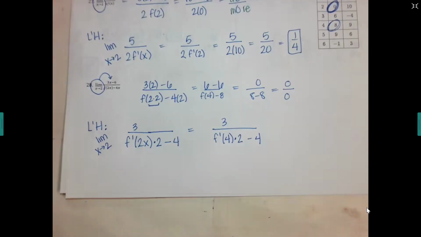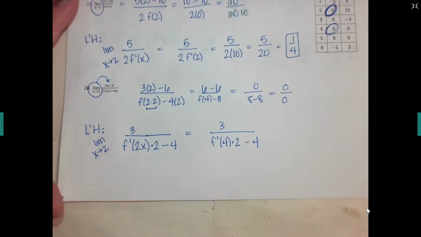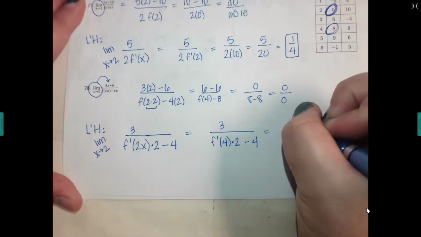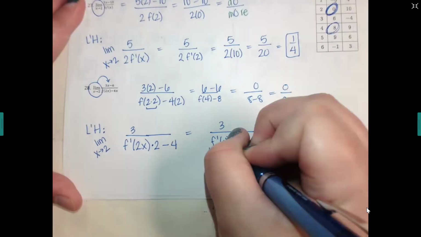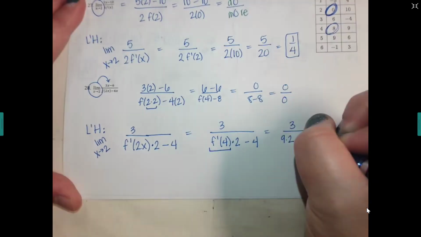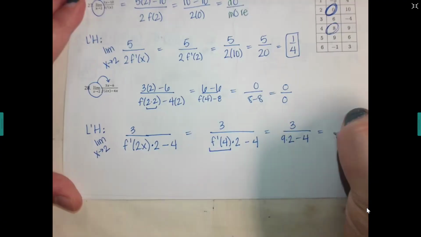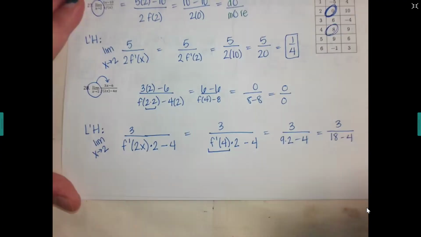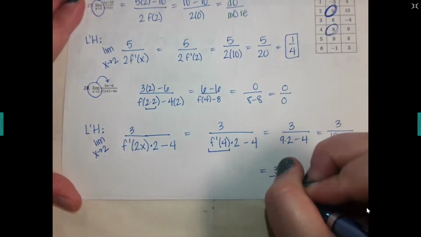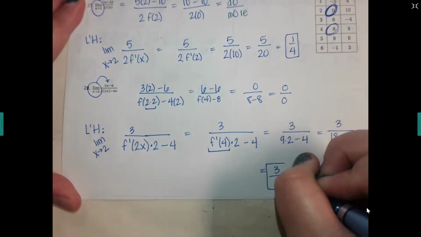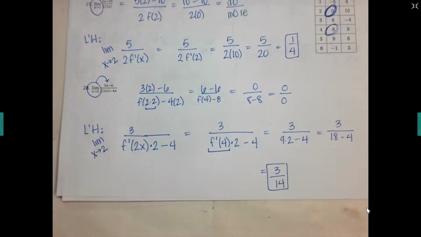So my 2 times 2x becomes a 4, f prime of 4, look in your chart, what number is that? 9. So this goes to a 9 times 2, which is 18. 18 take away 4 gives me 14. Okay. Questions on that?